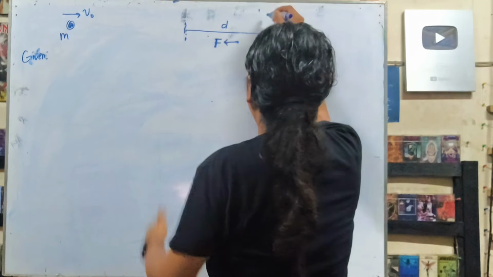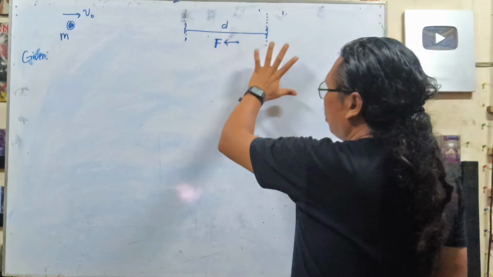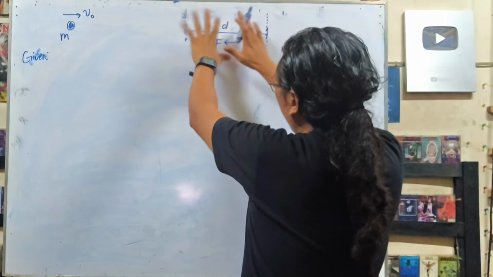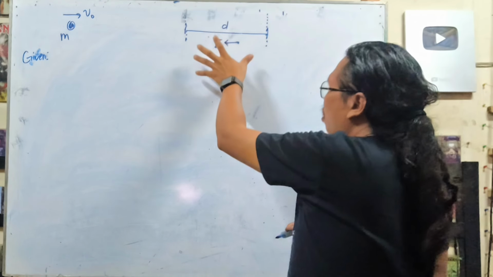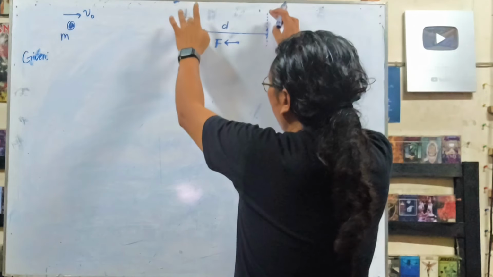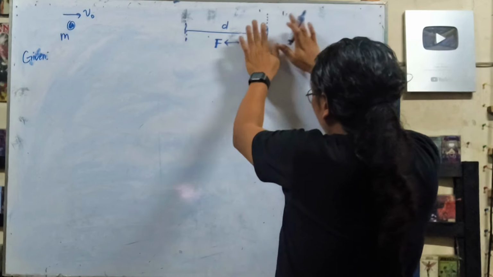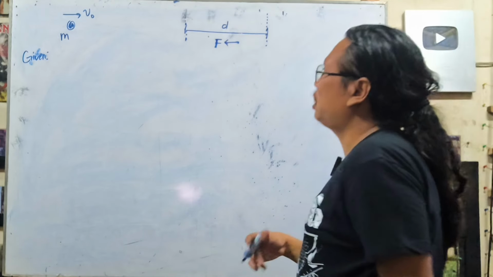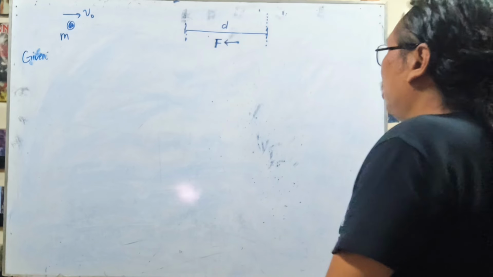This region is for a distance of d. Meaning there could be something here, maybe a magnet, that is active within this region. And then as soon as it gets out of this region, F is no longer acting.